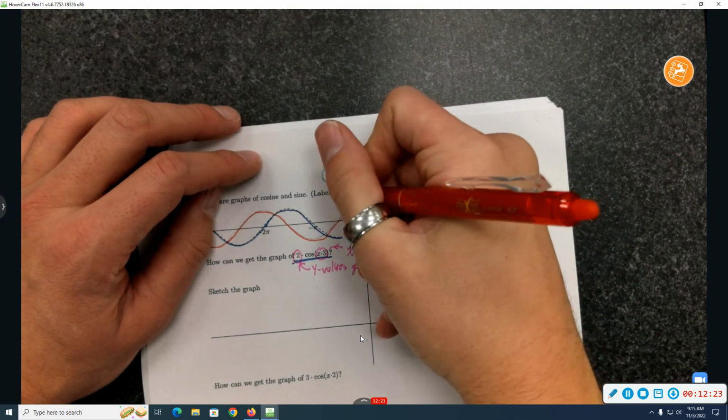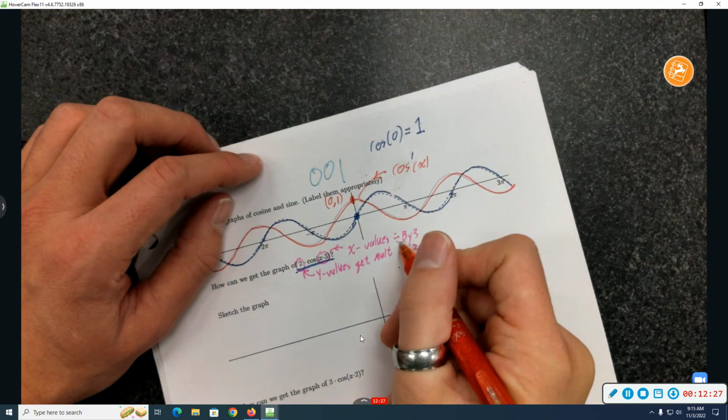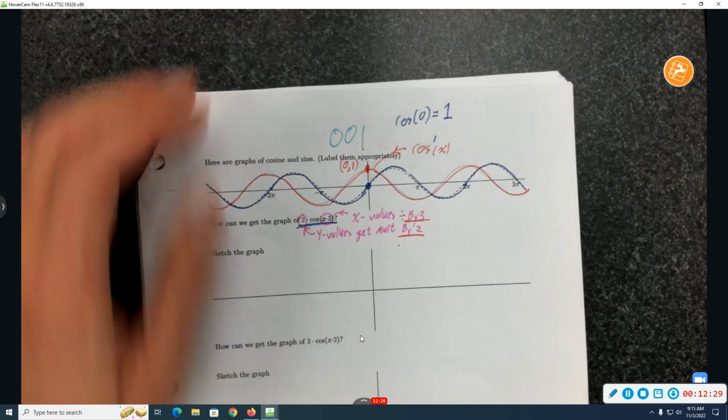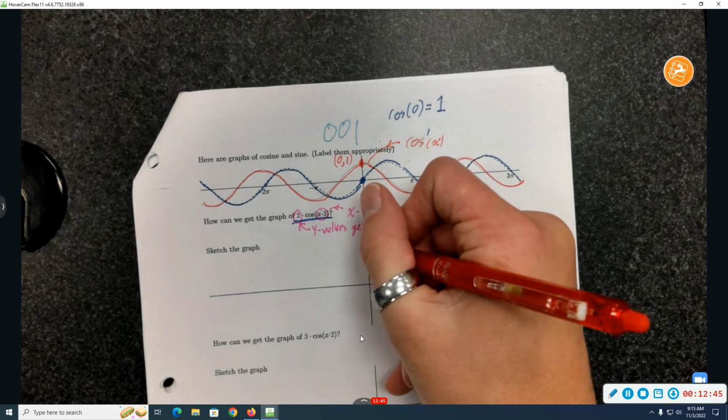So, I see this point at 0, 1. Where does that point go when you do those two manipulations to it? It goes up to 0, 2. All the y values get multiplied by 2.